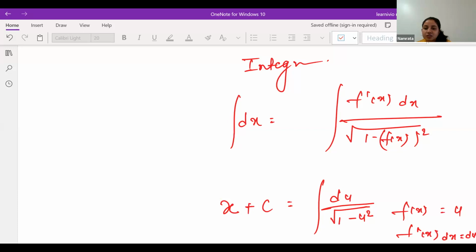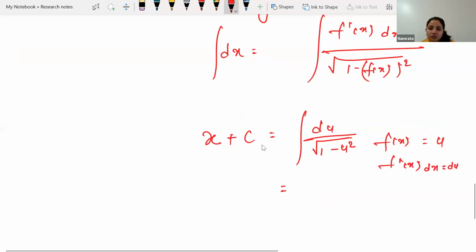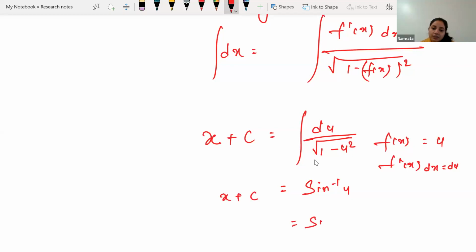Is it sine inverse? Yes or no? Yes, ma'am. So sine inverse u, and here we'll be having x plus c. U means what? F of x. So we are having sine inverse f of x over here, and here we are having x plus c, the constant of integration.